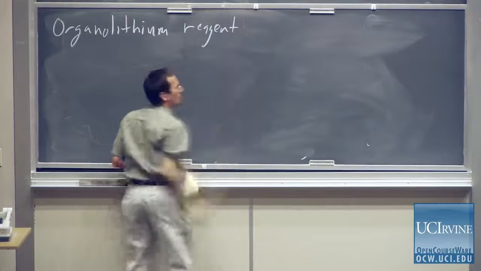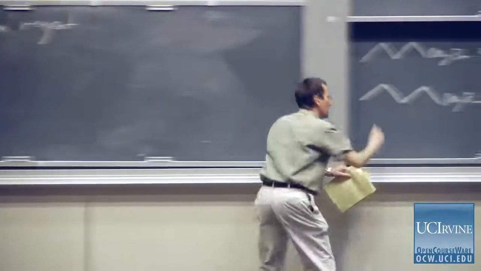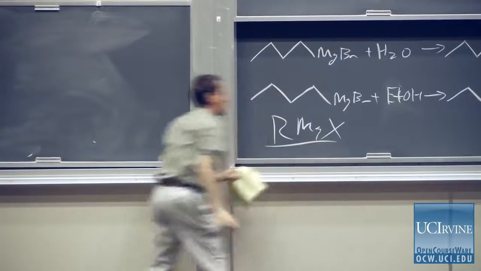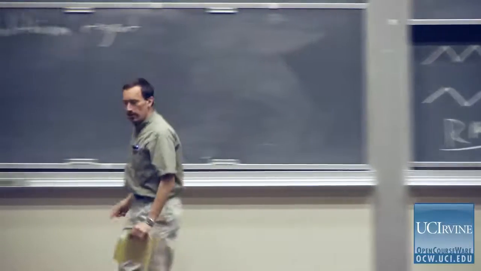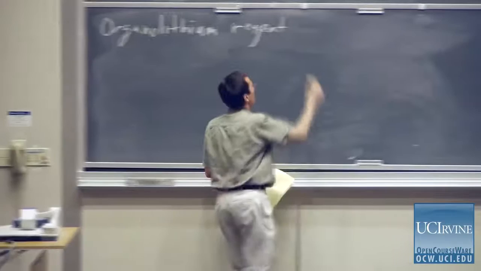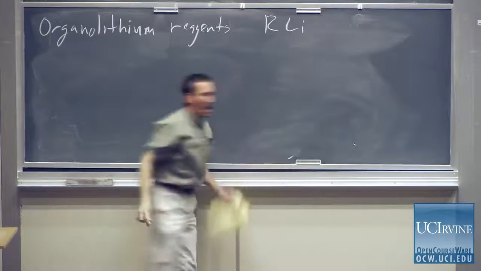And so if we wrote Grignard reagents generically as RMgX, that would be a generic way of writing a Grignard reagent. We can write organolithium reagents generically as RLi.